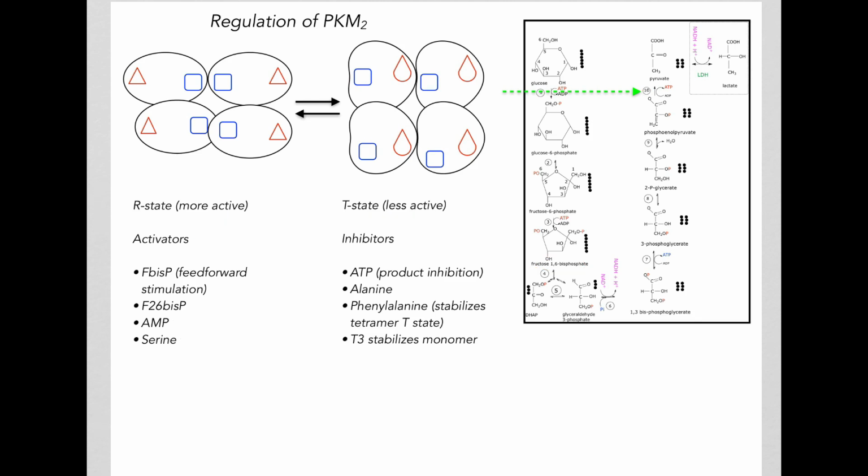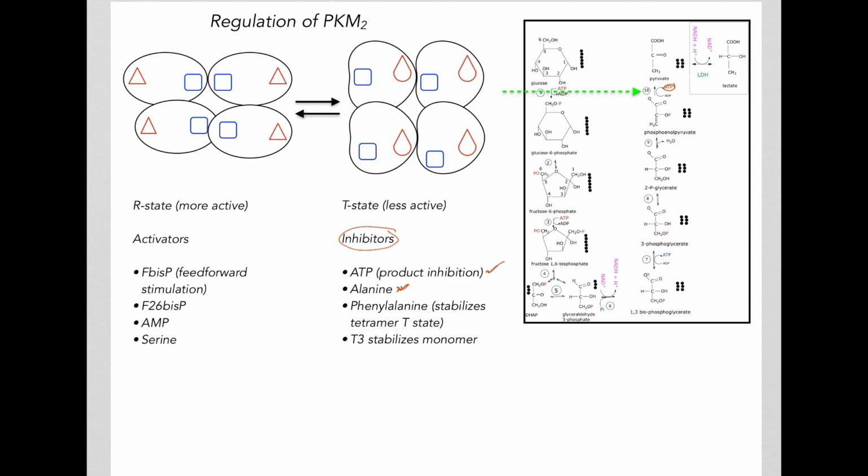Inhibitors of this enzyme are several. That includes ATP, since ATP is a product of this reaction, as well as a product of glycolysis in general. We can call this product inhibition. Alanine is an inhibitor. Actually, alanine can be made from pyruvate, as we saw in starvation, pyruvate converted to alanine by transamination.